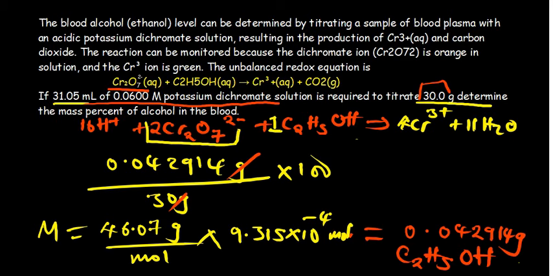The answer I'm getting is 0.143%. Looking at the information we were given, we had a minimum of 3 significant figures, so 0.143% is okay as our final answer. That is the mass percent of alcohol in the blood.